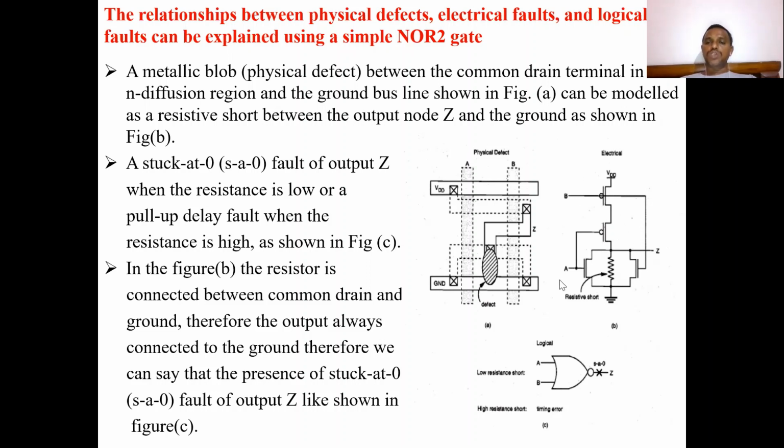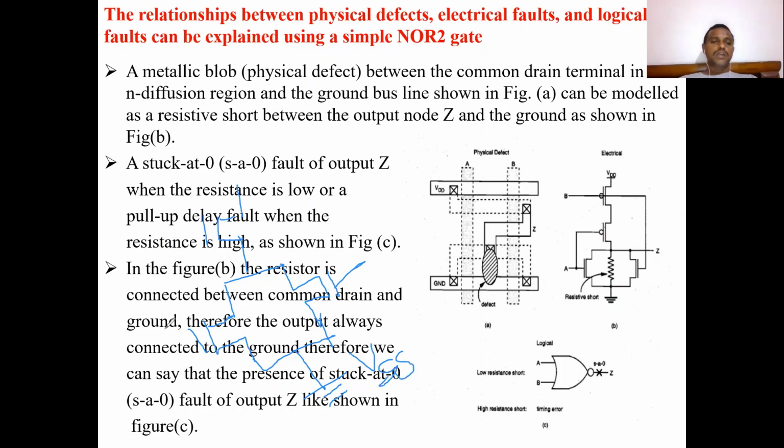What does that mean here? Why is it called a common drain? If you consider the diagram for this NOR gate, we have two NMOS transistors connected in parallel, and both the sources are connected to ground, or VSS.